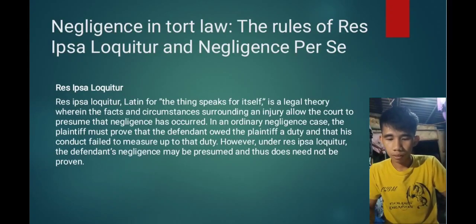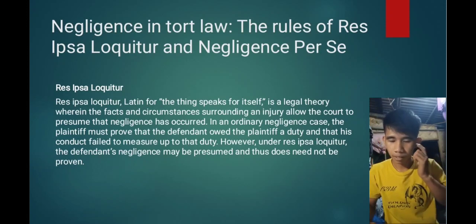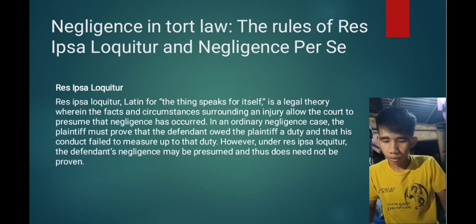Negligence in tort law: the rules of res ipsa loquitur and negligence per se. Res ipsa loquitur, Latin for "the thing speaks for itself," is a legal theory wherein the facts and circumstances surrounding an injury allow the court to presume that negligence has occurred.